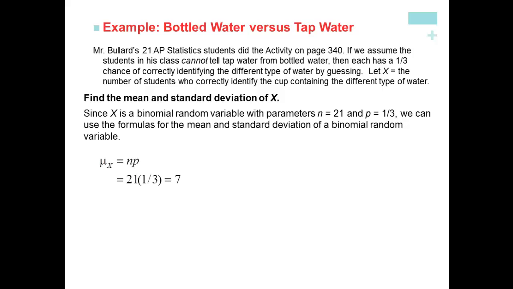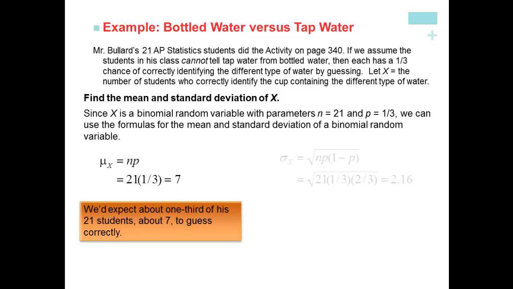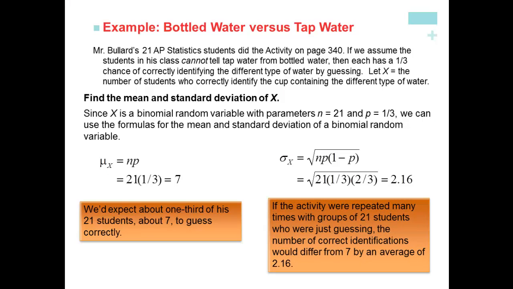Remember, mu sub x is equal to n times p, so 21 times 1/3 is 7. And the standard deviation is the square root of n times p times 1 minus p, or 21 times 1/3 times 2/3, which ends up being 2.16.